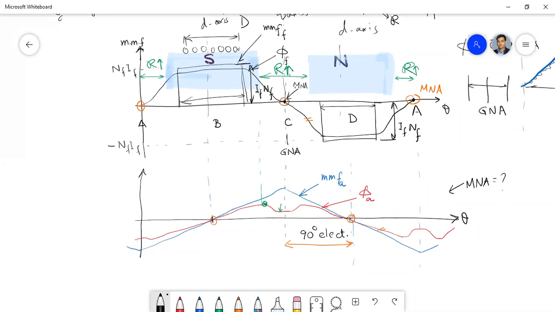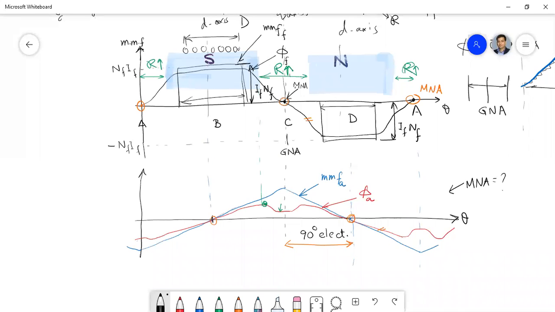So here we have drawn two distributions. Listen very carefully. We have drawn two distributions, one for field winding, another for armature winding. Now you know that in a DC machine, field is fixed in space, but the armature is rotating.